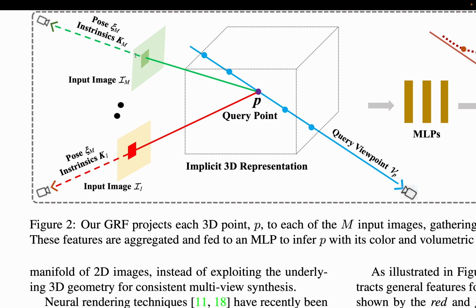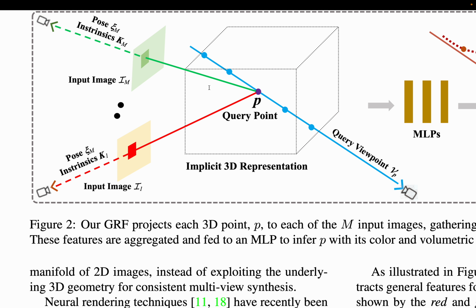And in those images, we extract features. So we will get a feature vector related to the point P, and we'll get M feature vectors because we have M images. We are going to discuss how this is extracted in a moment, but as you might guess, there's a CNN-based neural network that will extract the features.